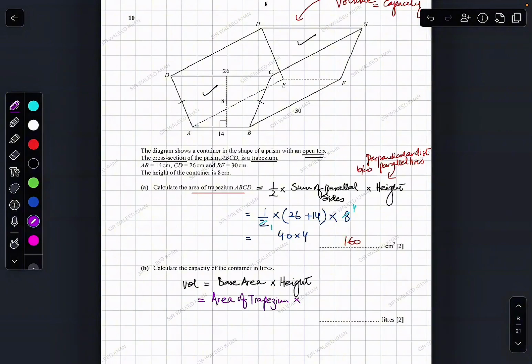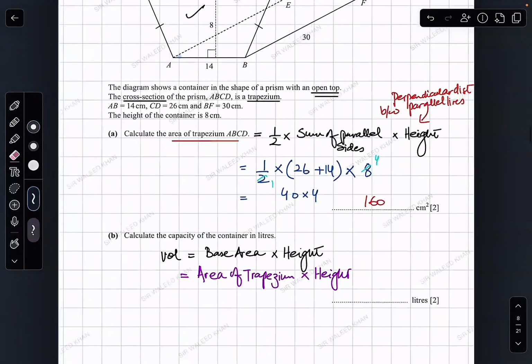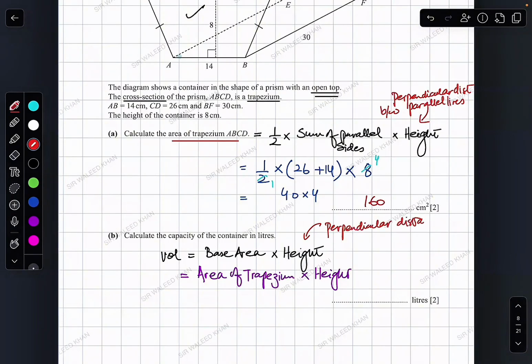times the height. Which one is the height? That is why I have to differentiate between the height of a trapezium and the height of the shape. The height of this shape will be the perpendicular distance between the two bases, in this case trapezium.